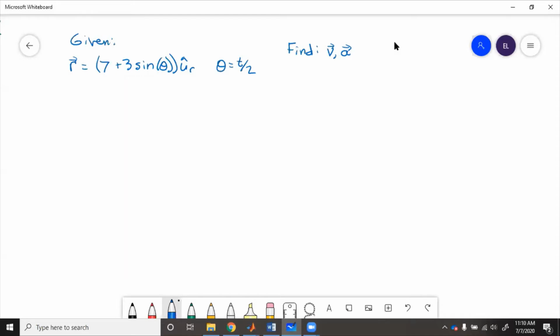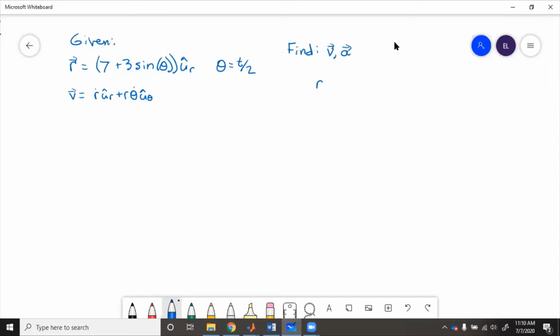We know that v equals r dot u_r plus r theta dot u_theta. Because we worked out that formula before, but we need to know what r dot and theta dot are.